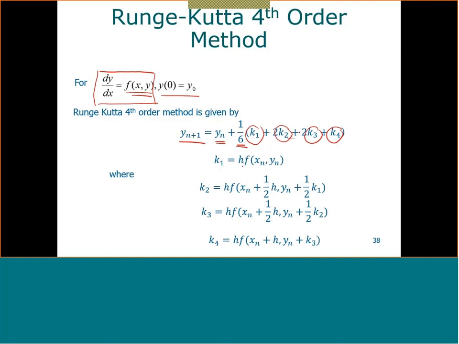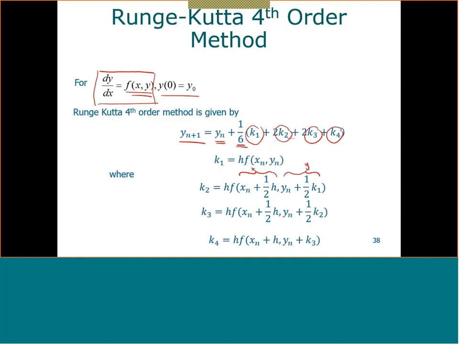So k1 is equal to h f(xn, yn), which, if you remember clearly, is the Euler method, and this is the term we also start with. We call it the predictor in the modified Euler method. Then we have k2, which is a function of 2 terms, the x term and the y term.